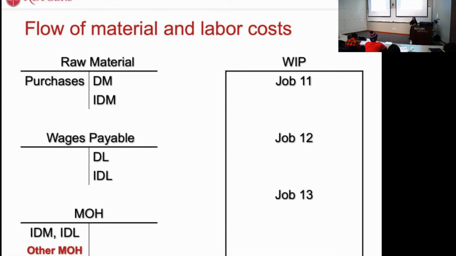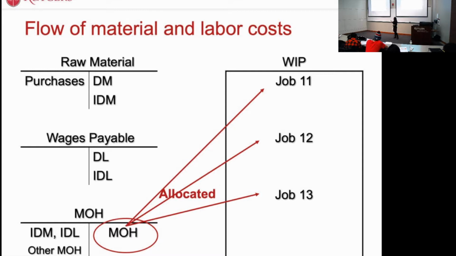And the allocation of overhead happens later when we allocate that part to the working process. So that's a holistic view of what will happen to your T accounts when we have transactions of purchasing and use of materials, use of labor, and allocation of overhead.